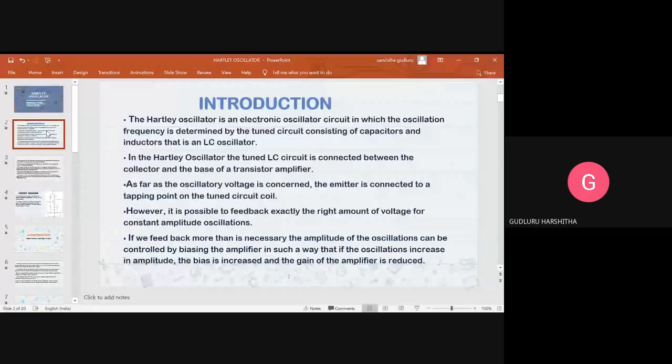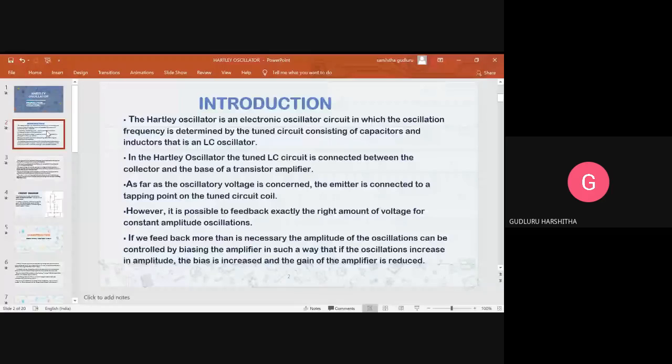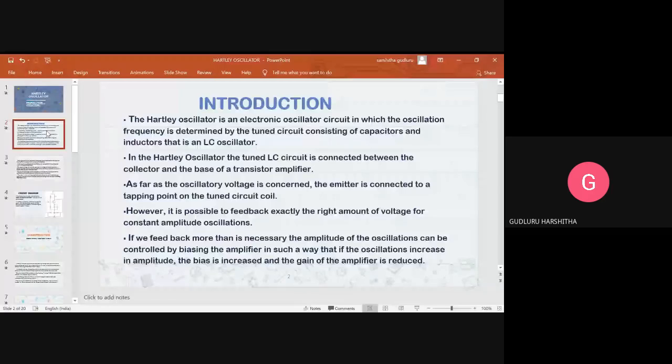As far as the oscillatory voltage is concerned, the emitter is connected to a tapping point on the tuned circuit coil. However, it is possible to feed back exactly the right amount of voltage for constant amplitude oscillations. If you feed back more than necessary, the amplitude of oscillations can be controlled by biasing the amplifier in such a way that if the oscillations increase in amplitude, the bias is increased and the gain of the amplifier is reduced.